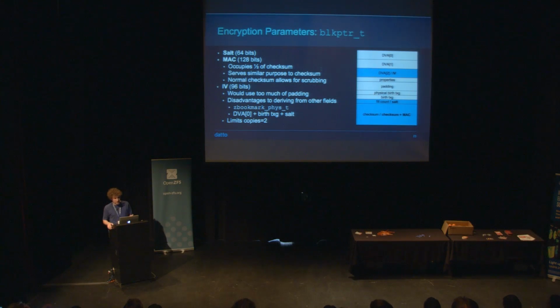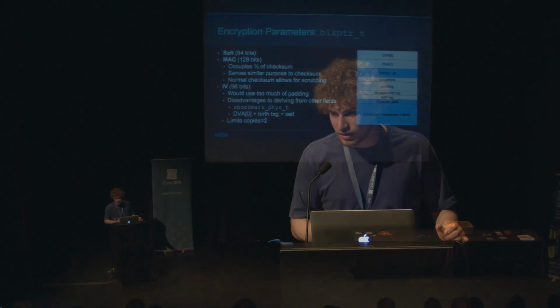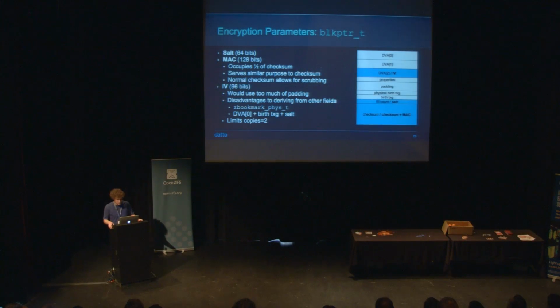The first is that the maximum length of a MAC for both of the modes that we support is 128 bits, so that worked out. The other is that by having half of a regular checksum, we'll still be able to do resilver and scrub operations just as you normally would, using that half of the checksum, even without the keys loaded.